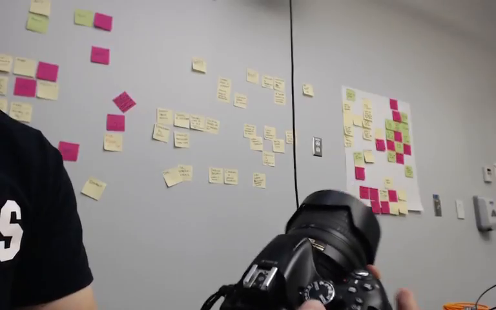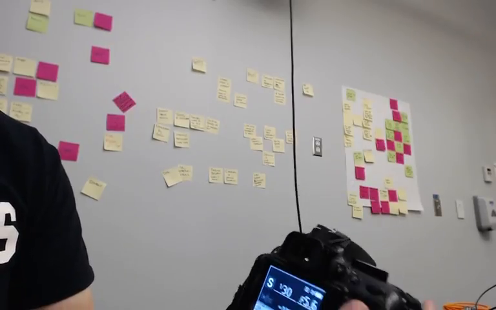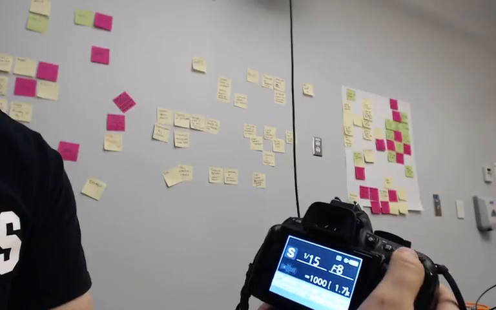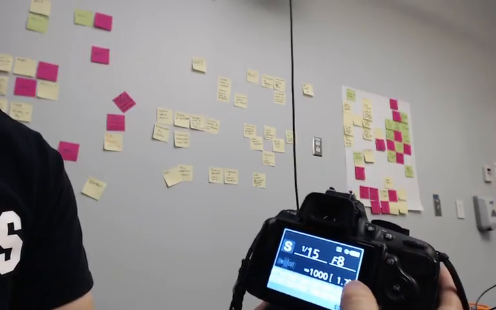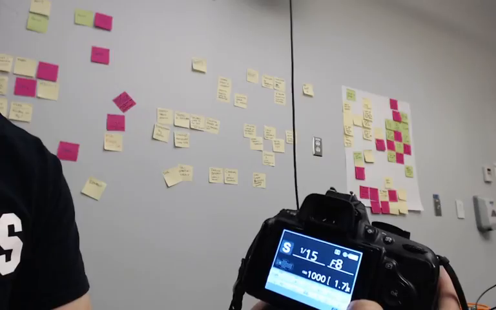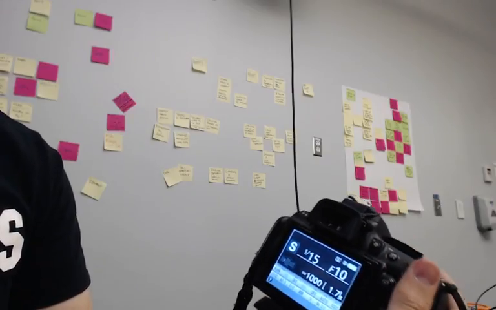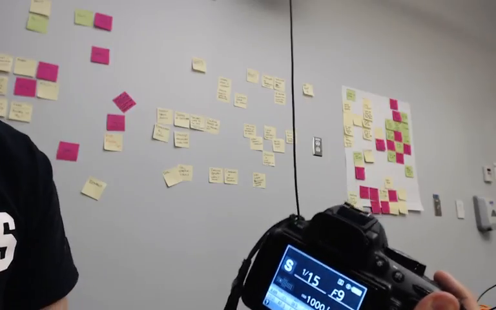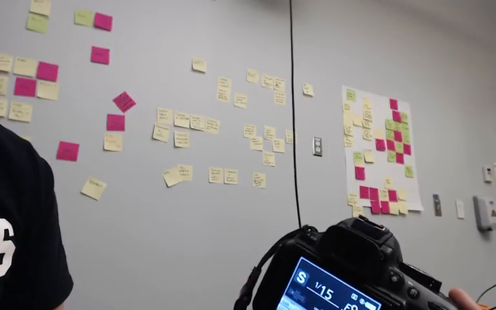So on the flip side, if I shift this into shutter priority mode, then I'm controlling directly the shutter speed, but the aperture is changing in order to compensate for that, so that the exposure overall is the correct one, at least in terms of what the camera thinks.